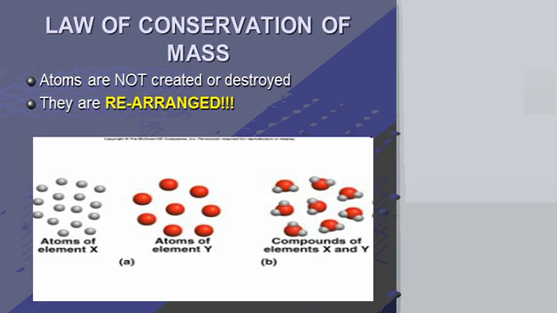So going back to the law of conservation of mass, atoms are not created or destroyed, they are rearranged. And that's it. So in order to have 8 molecules of water, if that's what this is, you must start with 8, and then you must have 16 of these.